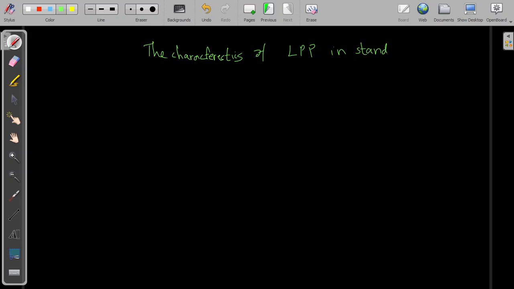So why do we study the standard form? The answer is, to solve an LPP, the first step is to convert your LPP into the standard form. We have discussed the standard form earlier. If your optimization problem or LPP is not in standard form, you have to convert it into the standard form.